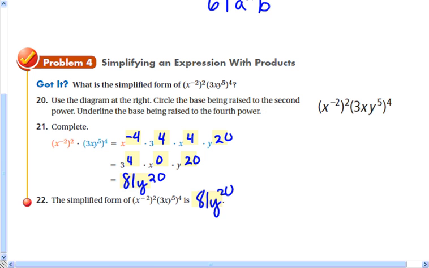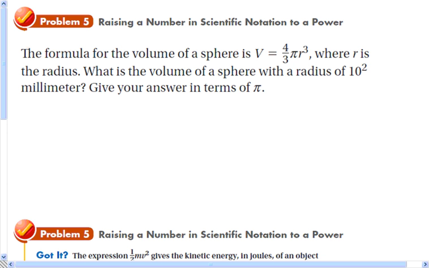Raising a number in scientific notation to a power. The formula for the volume of a sphere is volume equals 4/3 pi r cubed, where r is the radius. What is the volume of the sphere with a radius of 10 to the second power millimeters? Give your answer in terms of pi.